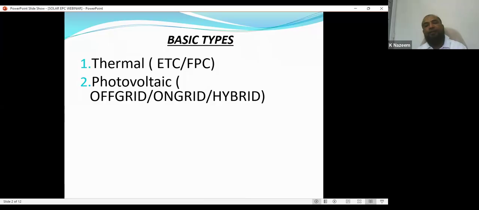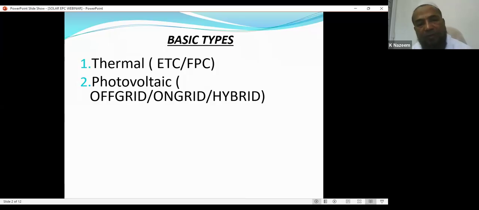Now coming to the hybrid. What is hybrid? It is a mixture of off-grid and on-grid. In other words, a hybrid system has a net meter, a solar module, a hybrid inverter, and also a battery bank. When you talk of batteries, you have the legendary conventional lead acid batteries, tubular batteries.